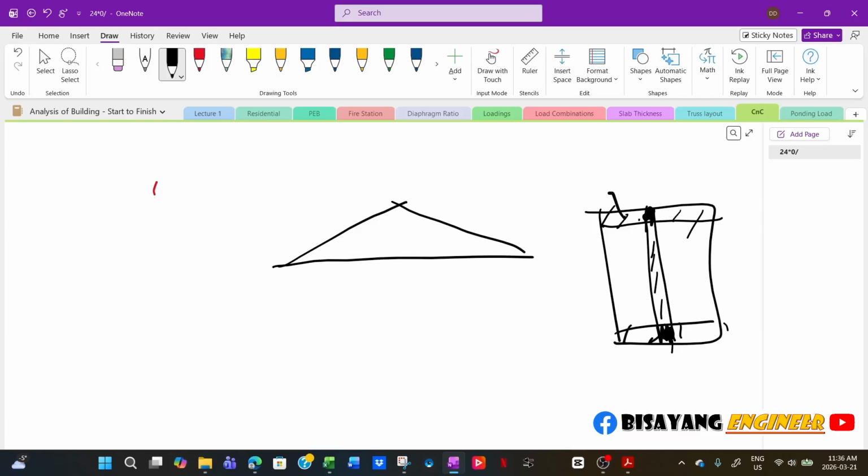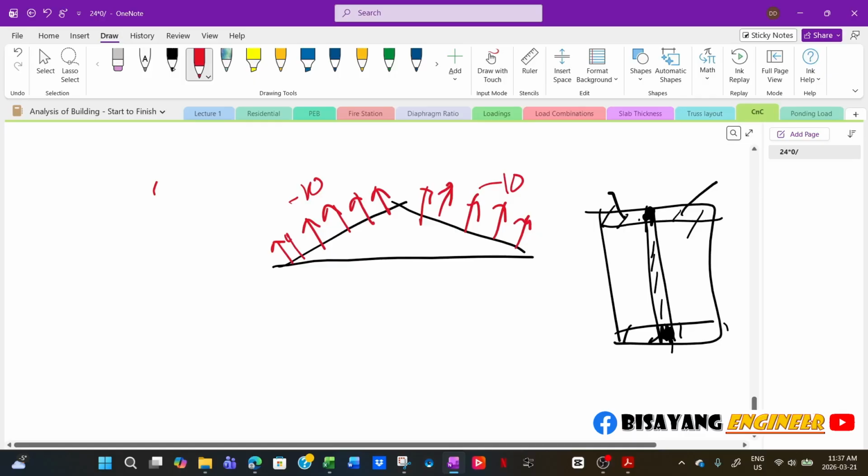If you notice, this side and this side of the roof are the same. That means your pressure in this area will be the same. For the sake of example, this is minus 10, and this is also minus 10.